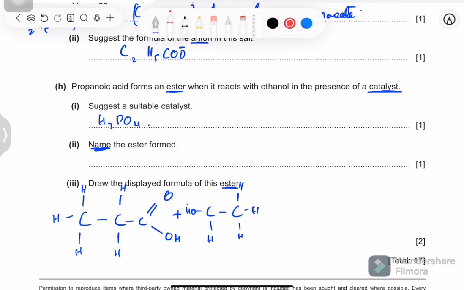Let me show you. This will leave, and what will be formed is, see, I'm drawing the acid part containing the carbon oxygen double bond. This is the identification for the carboxylic acid part.